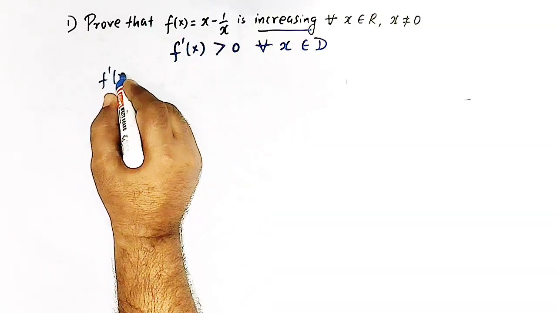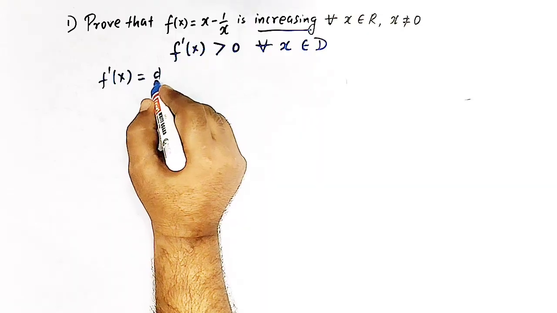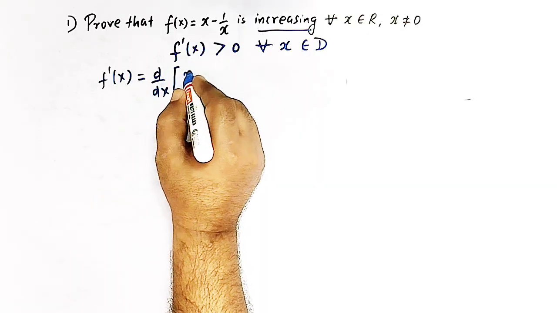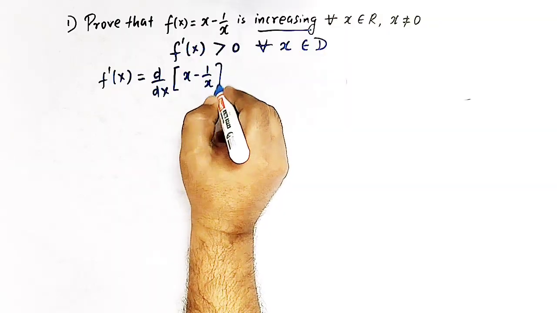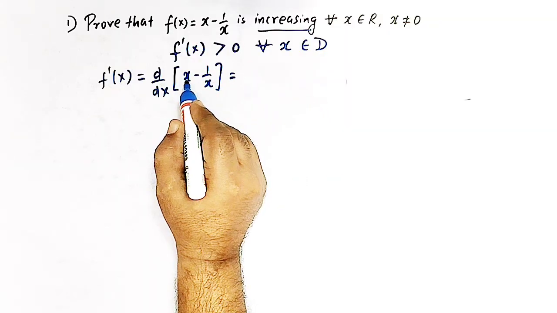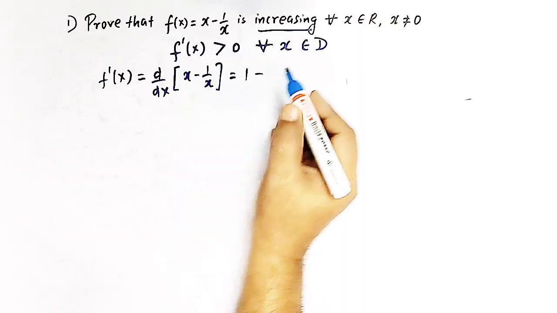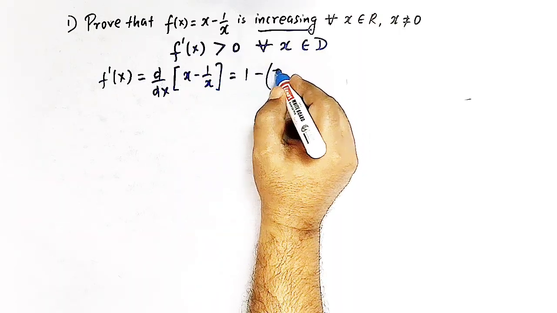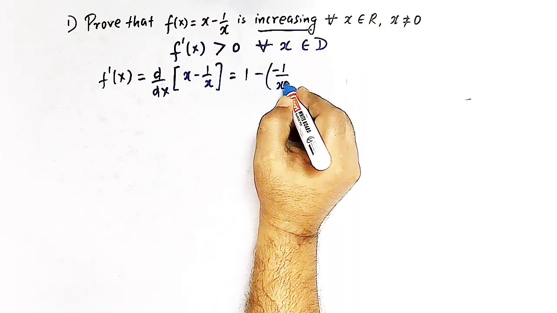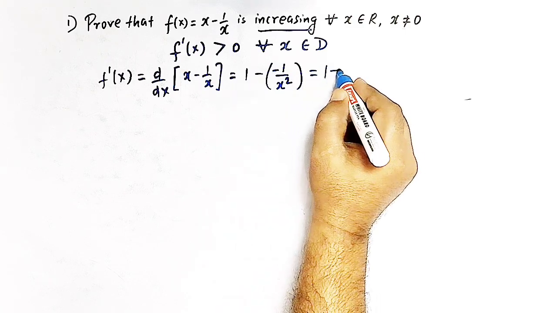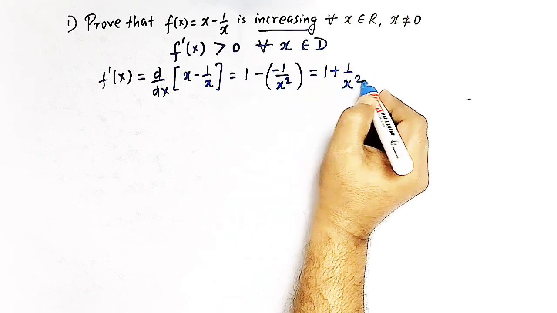So f prime of x is given by d by dx of x minus 1 over x. So we have the derivative of x is 1, and the derivative of 1 over x is given by minus 1 over x square. So this is now 1 plus 1 over x square.